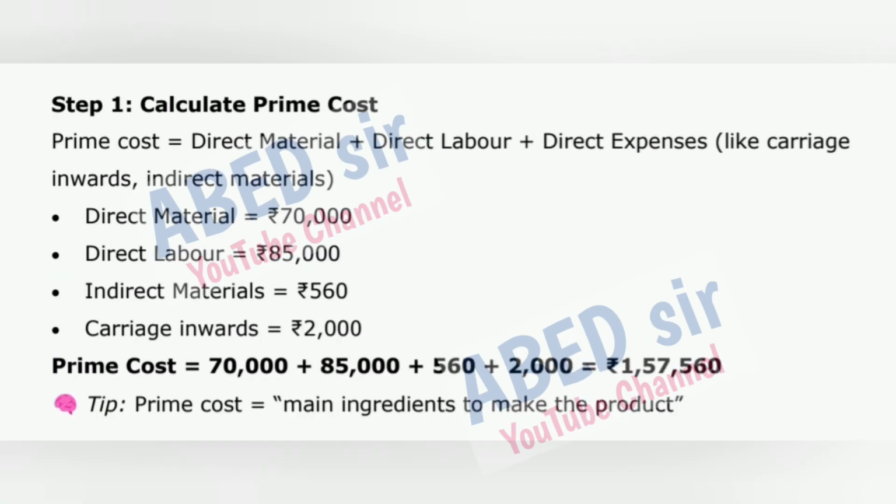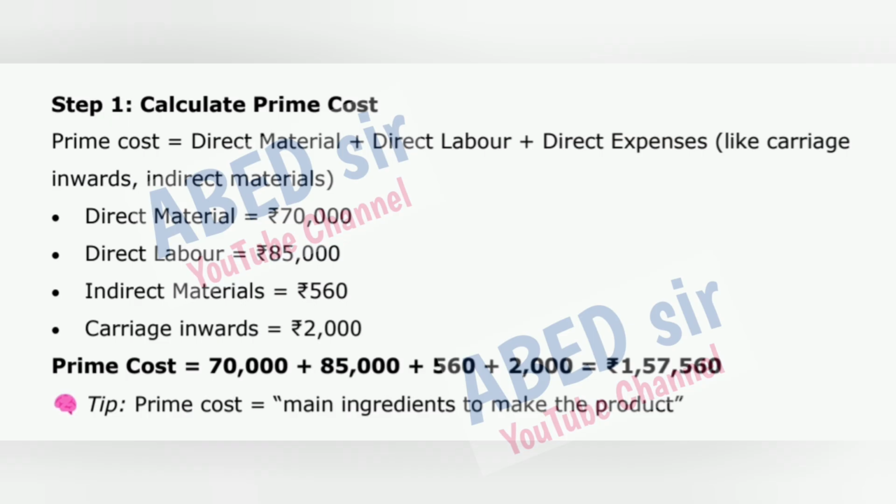Step 1. Calculate prime cost. Prime cost is equal to direct material plus direct labor plus direct expenses, like carriage inwards, indirect materials. Direct material is equal to 70,000 rupees. Direct labor is equal to 85,000 rupees.